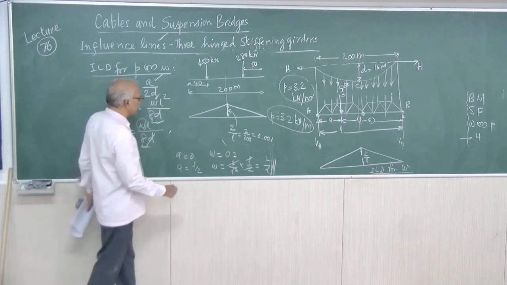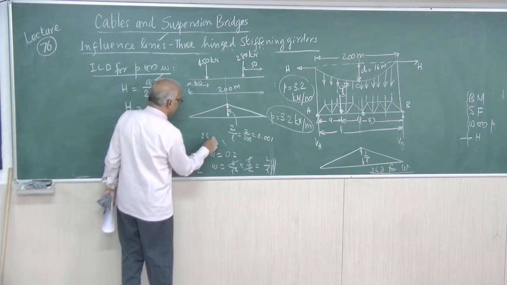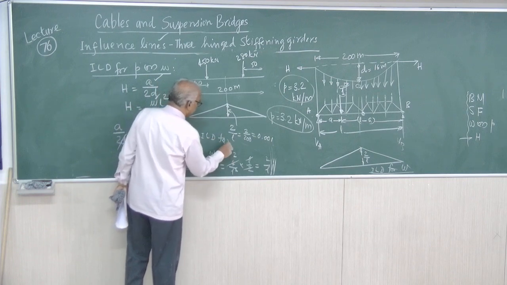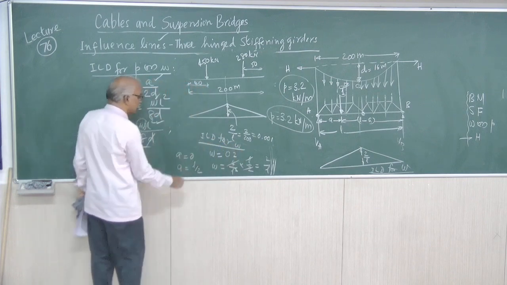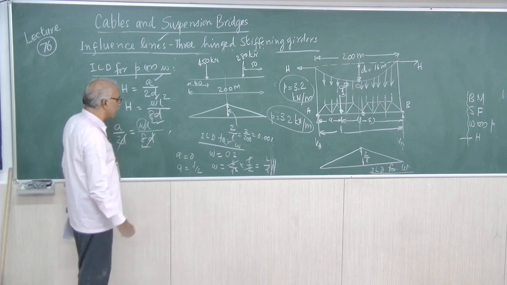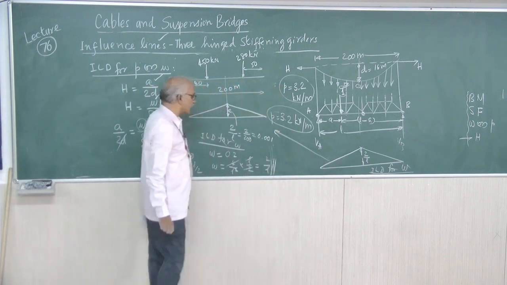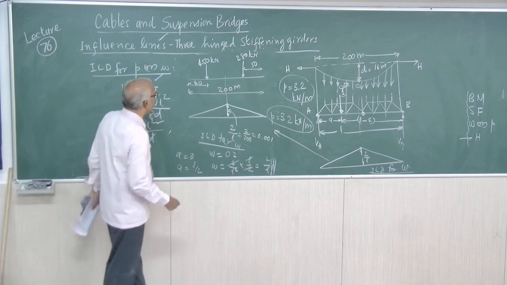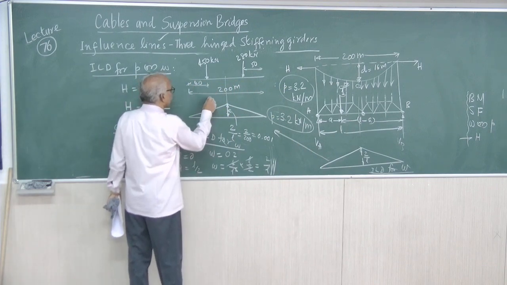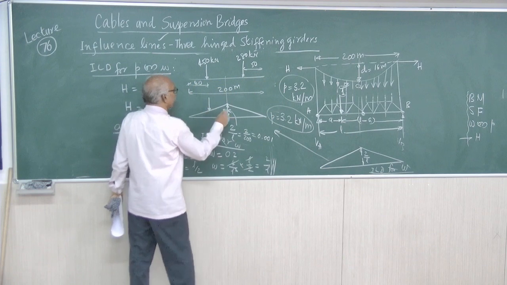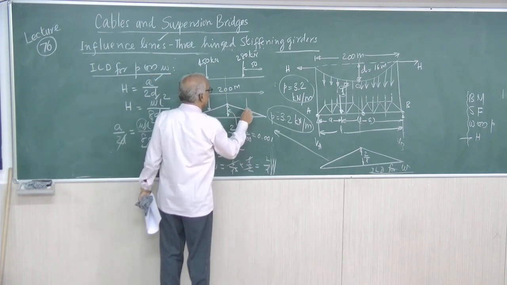This is the ILD for P, ILD for W or ILD for P. Any notation you can use. So this we have reproduced here, that's all, with number. Now, there is a load of 450 here, there is another load of 280 here.